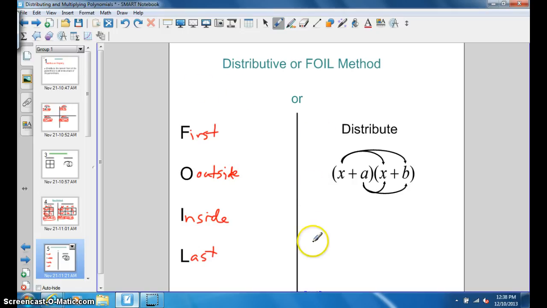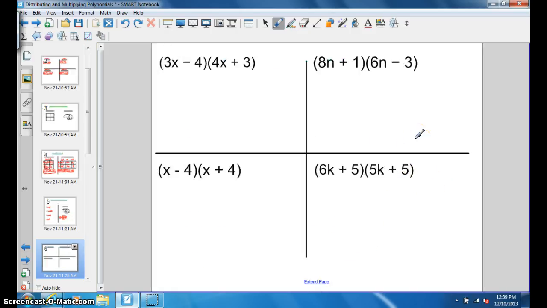Alright, so generally what FOIL looks like is something like this. We have our first term, our outside term, our inside term, sorry, and then our last term. Which really is the same thing as this, just in a different way. Distributive and FOIL are basically the same thing.